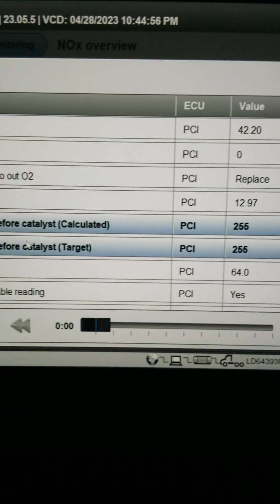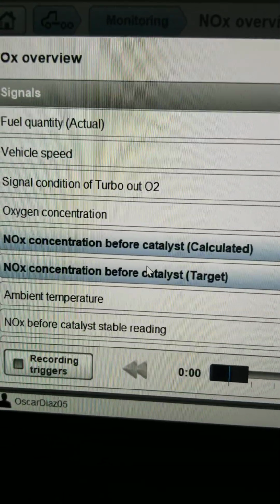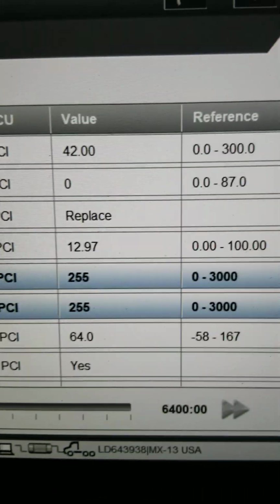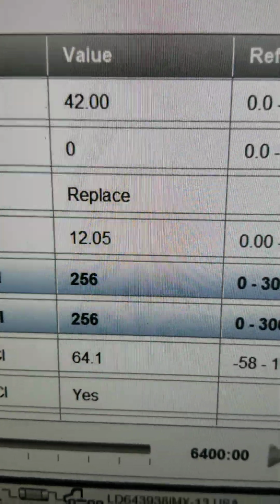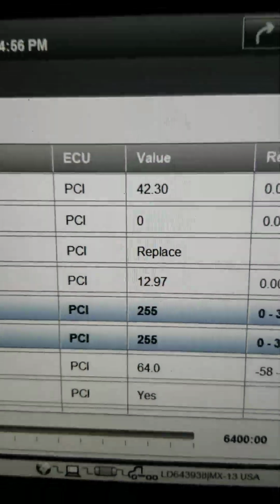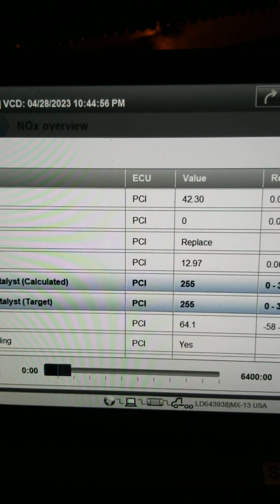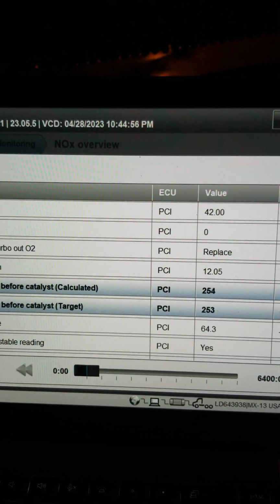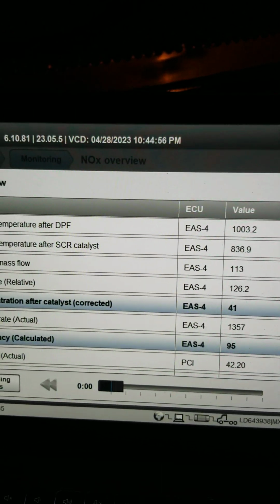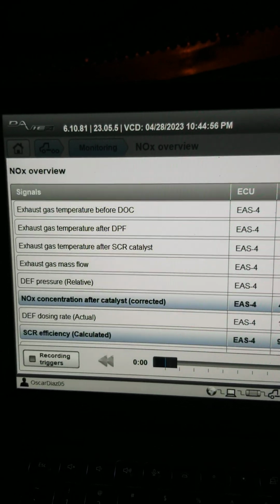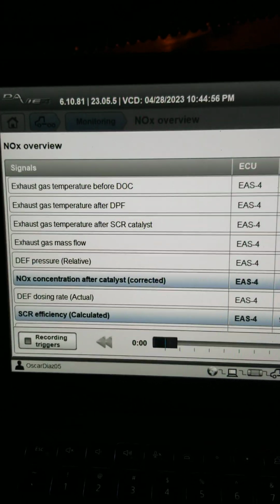So basically, I'm going to explain it to you guys. NOx concentration before catalyst means the amount of ash or smoke that is coming out of the engine, and as it travels through the DPF, it gets cleaned by being burned inside the filter and using DEF or urea.